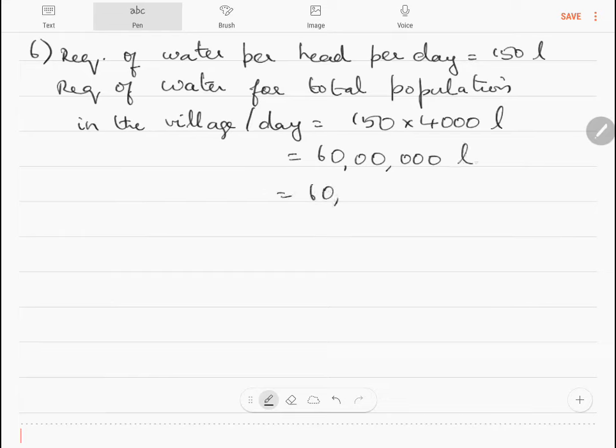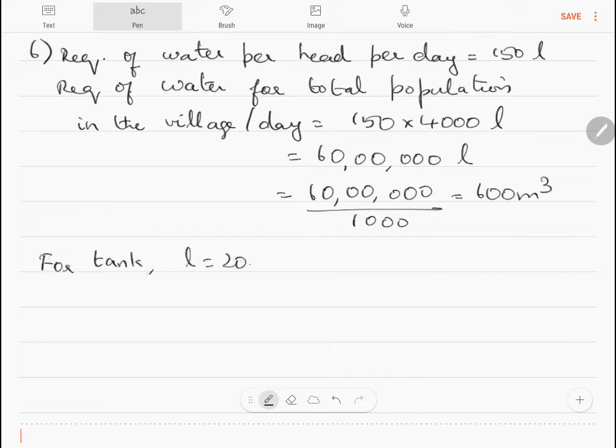Converting into meter cube, divided by 1000, which comes to 600 meter cube. Now, for the tank, the length is 20 meters, the breadth is 15 meters, the height is 6 meters.